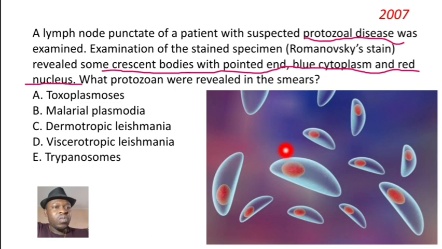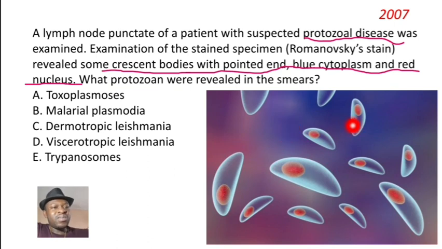So firstly, you understood that we are talking about protozoa, right? That's the first thing. Secondly, crescent bodies. You can see the shape of this organism is crescent, right? And pointed ends. If you check here, these ends are pointed.